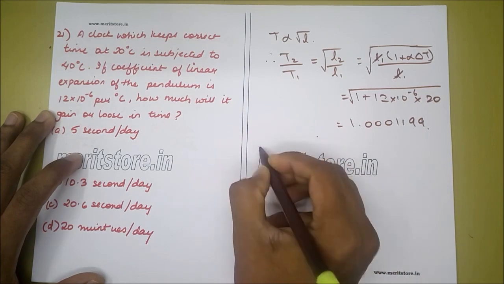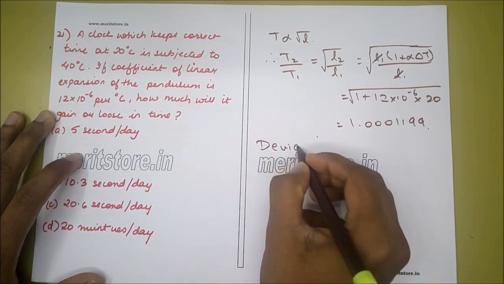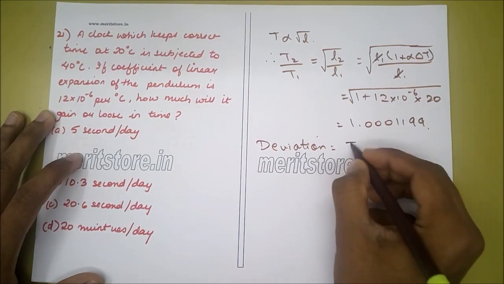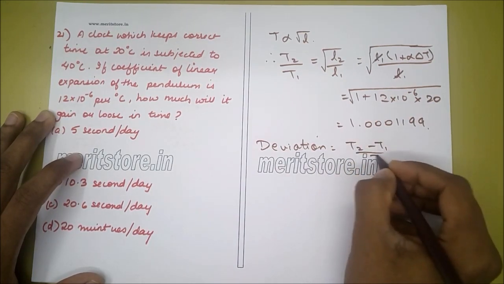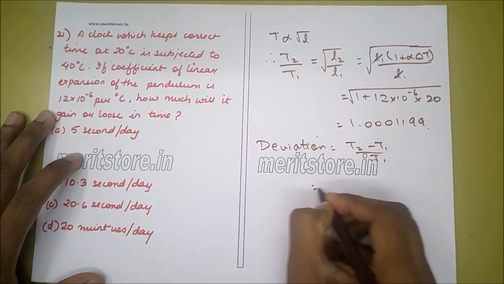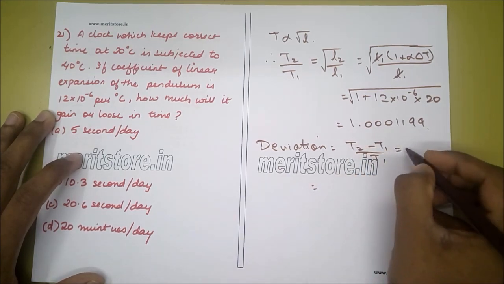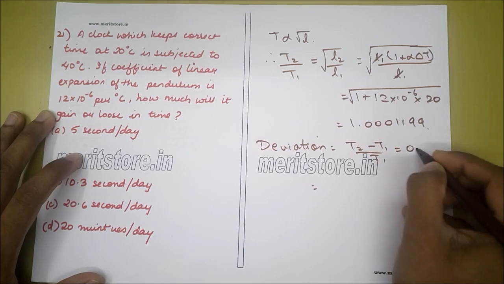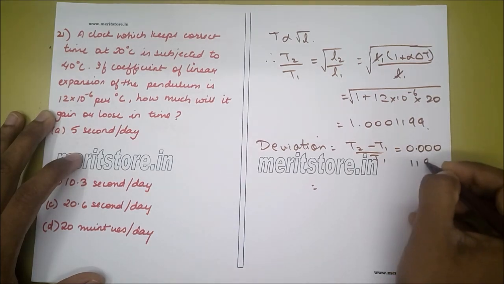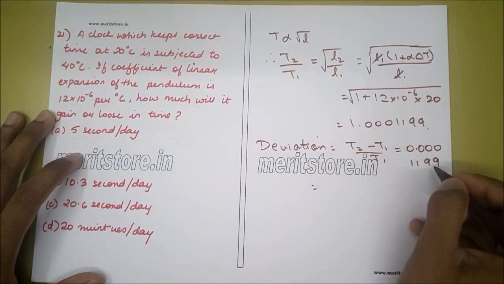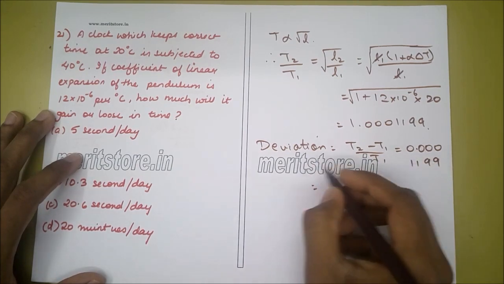In order to find the deviation from the correct time, deviation would be equal to T2 minus T1 upon T1. And this value is 0.00011199. So this is the amount of time that is changed per day.